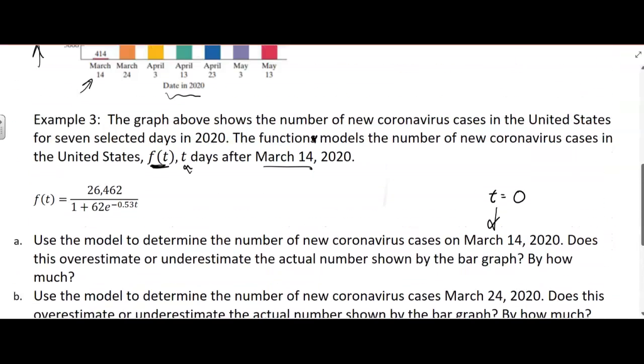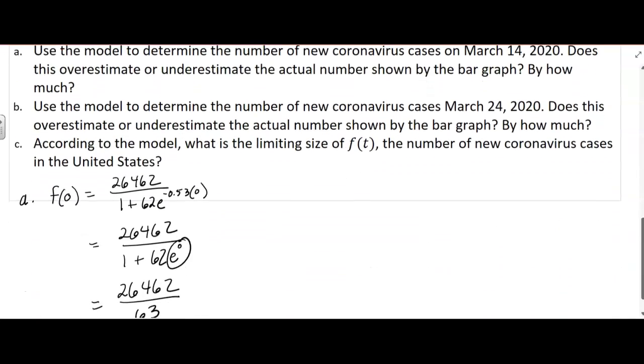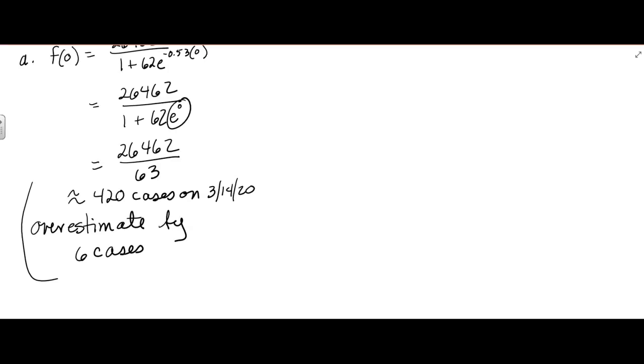The bar graph says 414. There were actually 414 cases, and we had 420, so this is an overestimate by 6 cases. All right, that answers part A.